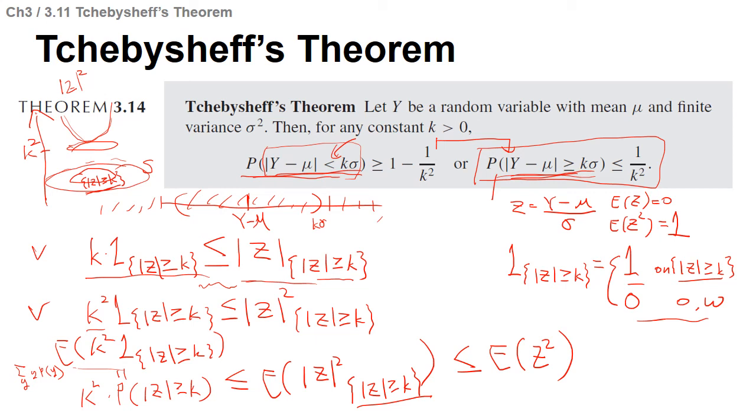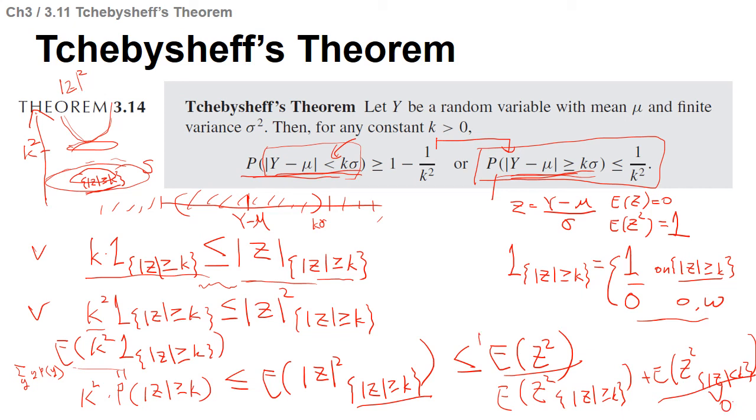So this part is the expected value of z squared on the set where z is greater than k, plus the expected value of z squared on the set where z is less than k, and this part is also greater than 0. So we can see this inequality.